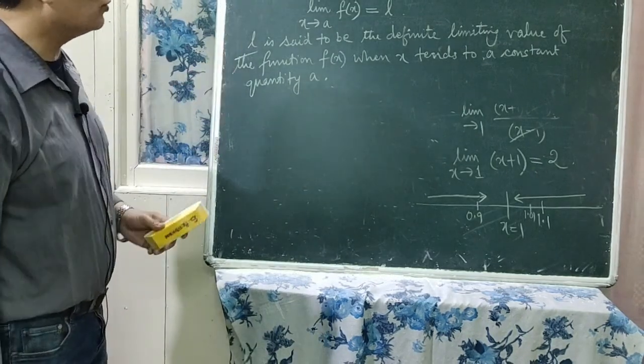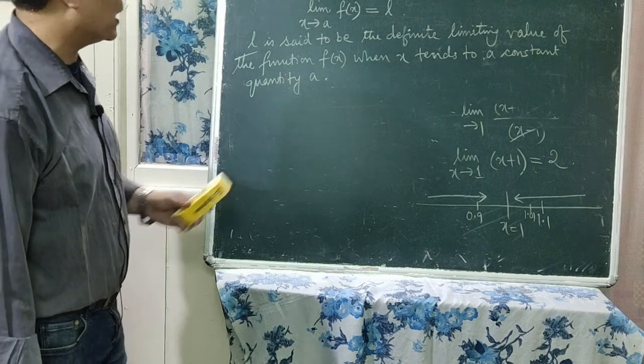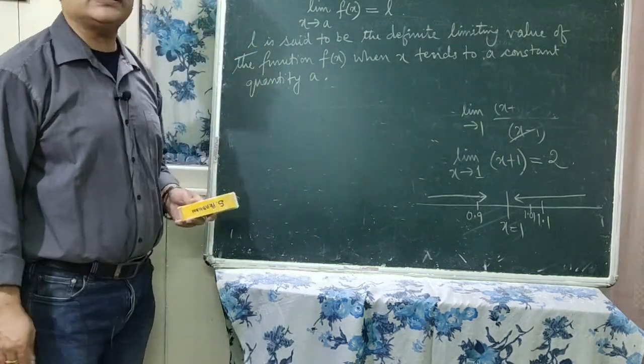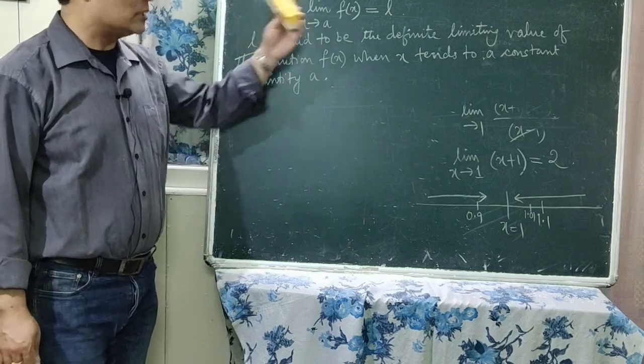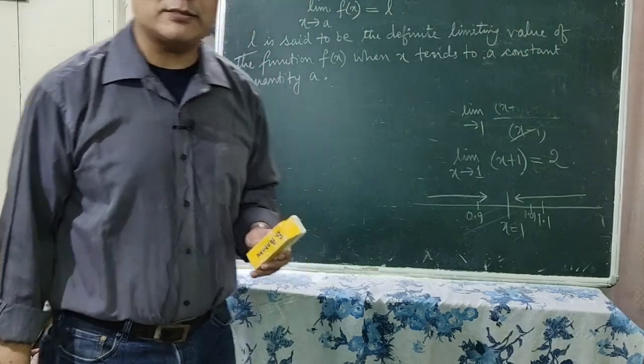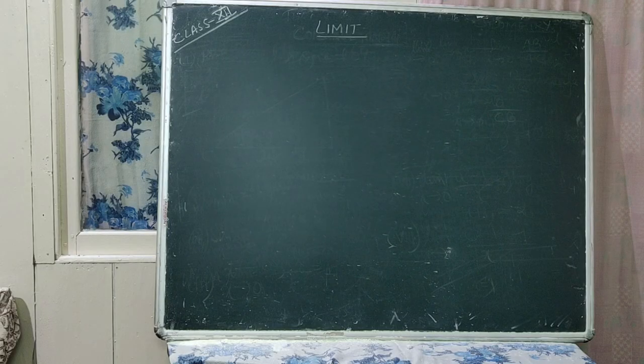So L is said to be the definite limiting value of the function f of x when x tends to a constant quantity a. So this is the concept of the limit. So I think you have understood the concept of the limit. Okay, so now write.